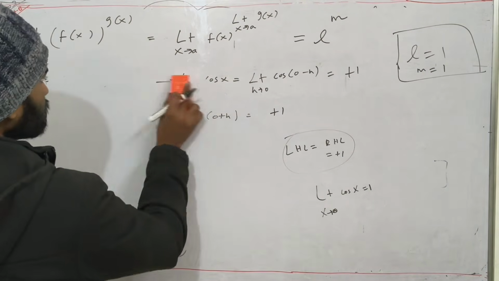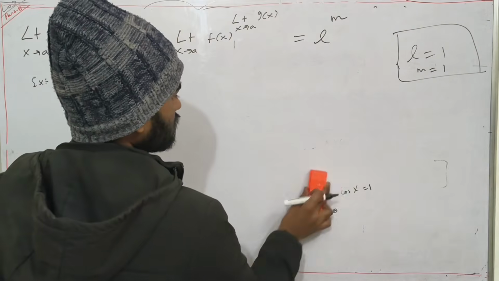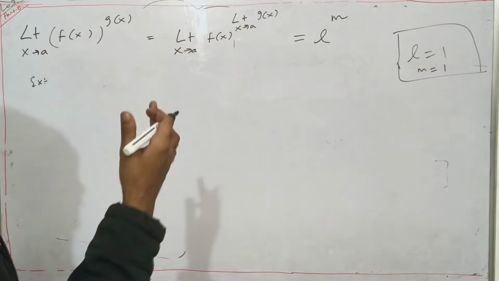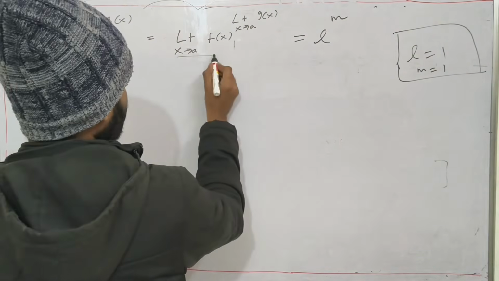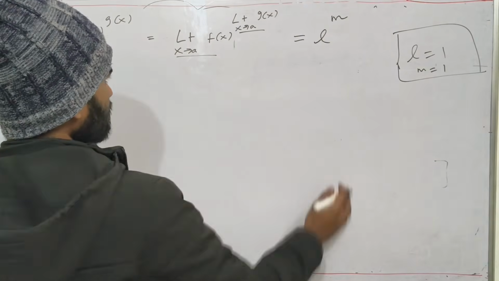Now, we found that both limits individually exist, and we got L equals 1 and M equals 1.